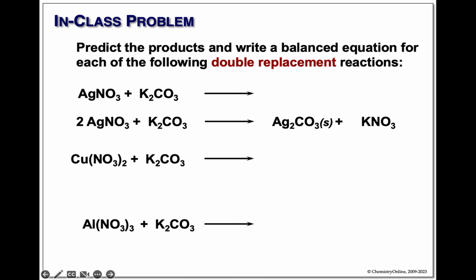That gives us two nitrates, so we do that. Only one on this side. Fix that. So, two silvers, two silvers. Two nitrates, two nitrates. Two potassium, one carbonate, and we're good.